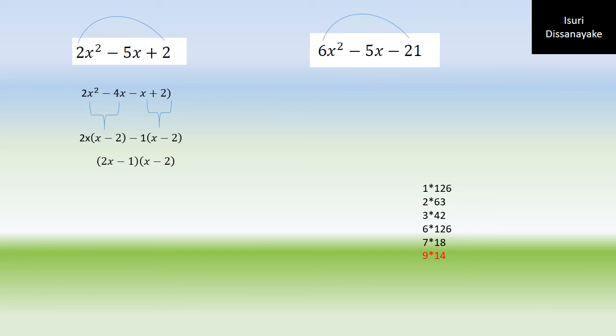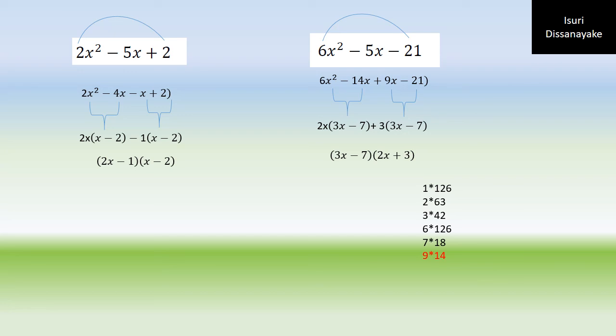So you can see I have given you all the factors below here. Only 9 and 14 you can fix for a 5. So I am going to fix it as minus 14x plus 9x. Minus 14x plus 9x gives you minus 5, while minus 14 times plus 9 gives you minus 126.